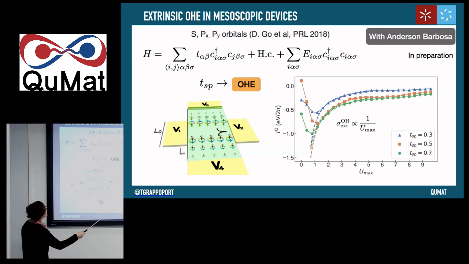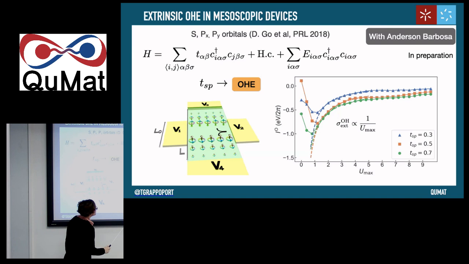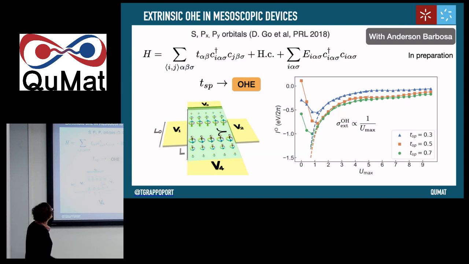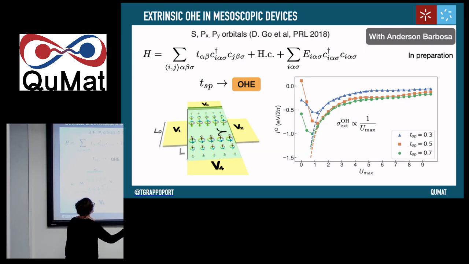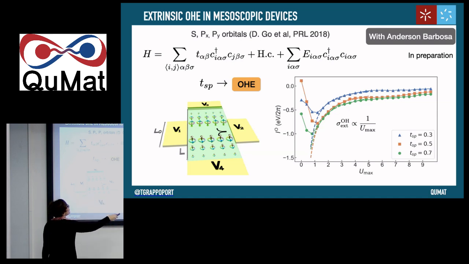So first focusing on the orbital Hall effect, L0 is equal to L. We look at the effect of changing the maximum value of the Anderson disorder, in units of E. What we have is that depending on this hybridization, on this hopping between S and P, we can have different orbital Hall effect. It can be positive or negative, stronger or weak.